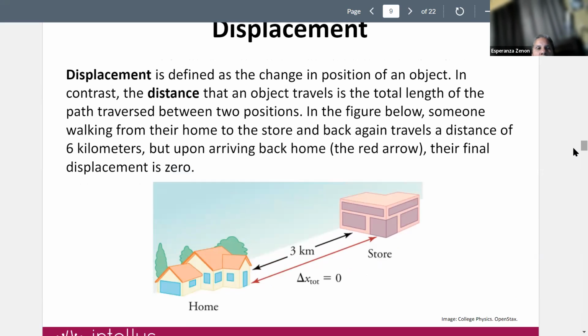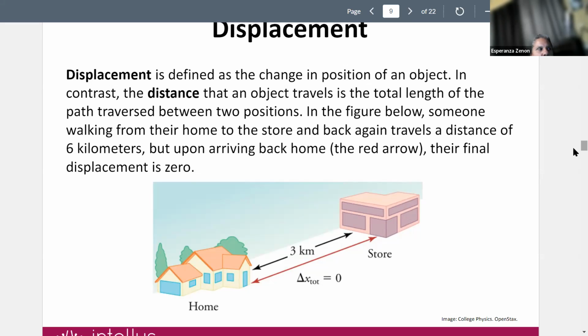I'm going to ask a question and see who's got the thinking cap on. What scenario has to be present in order for distance and displacement to have the same size?